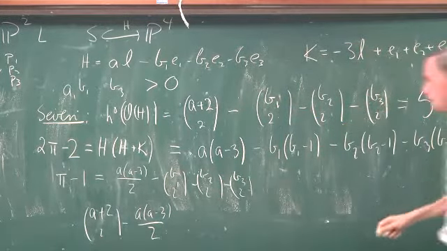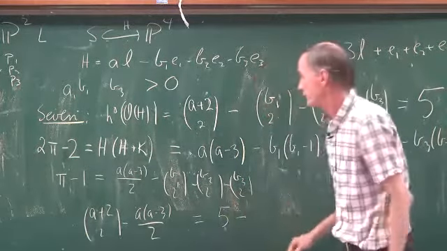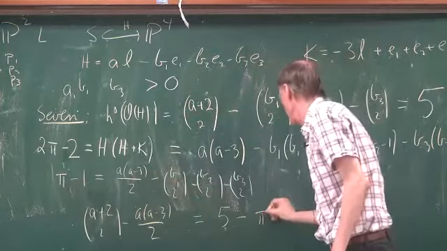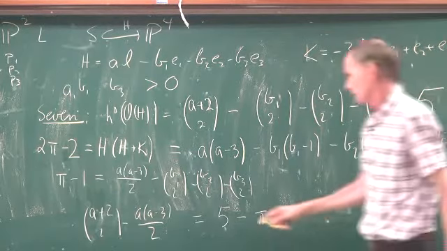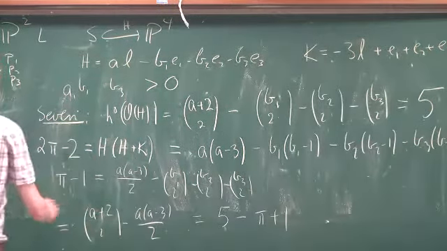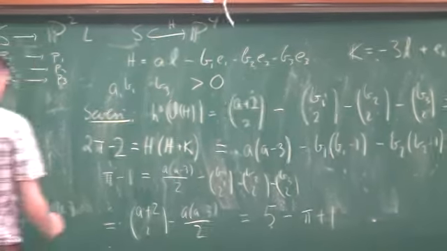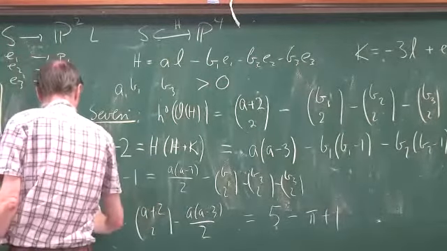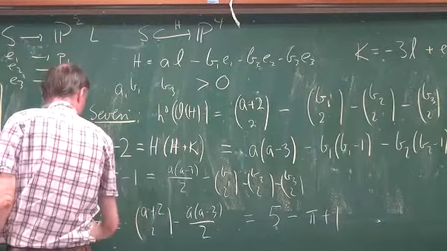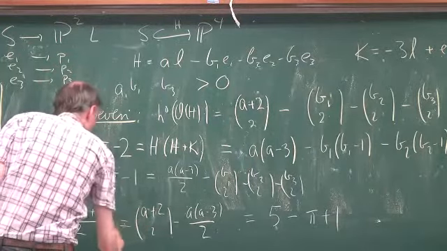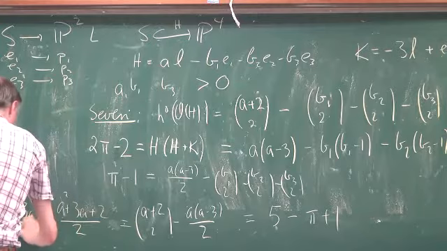And on the other side of the equality, I get 5 minus pi plus 1. And I think this here is a plus 3, a squared plus 3a plus 2 over 2, and then minus a squared minus 3a over 2.